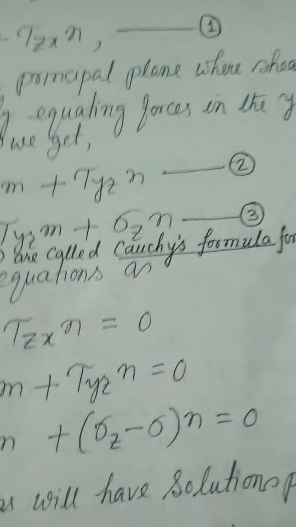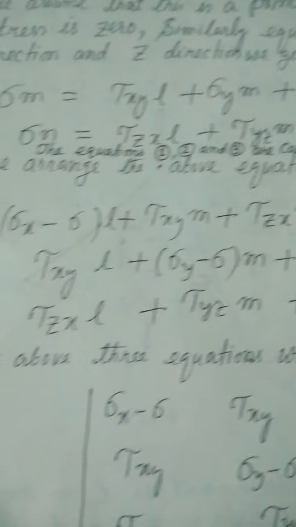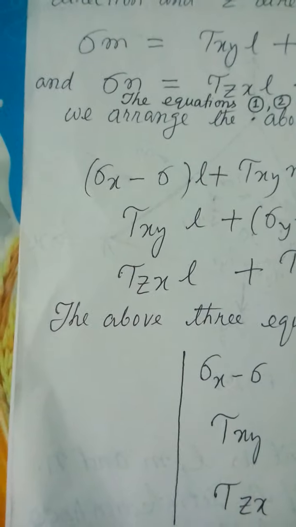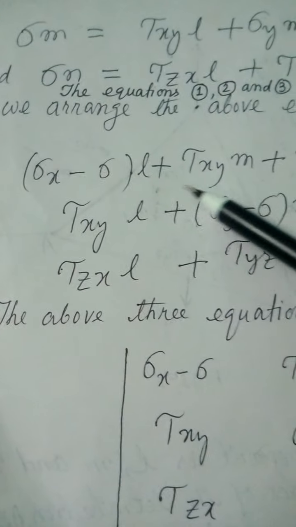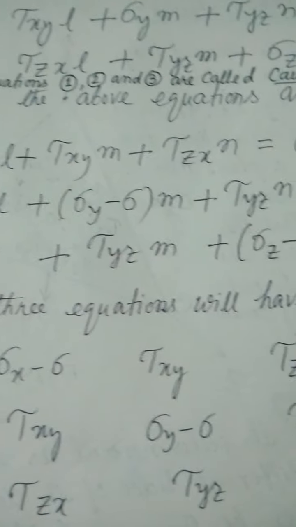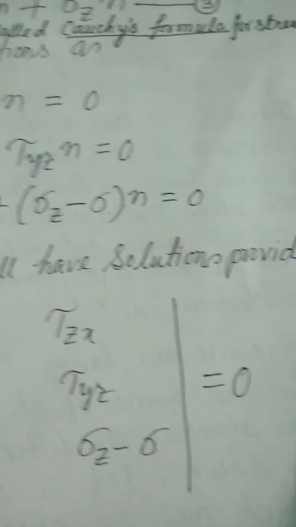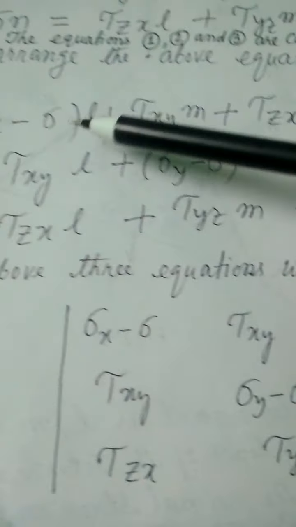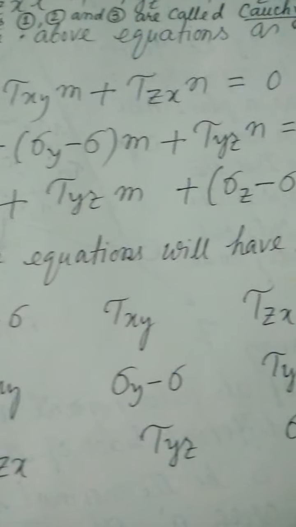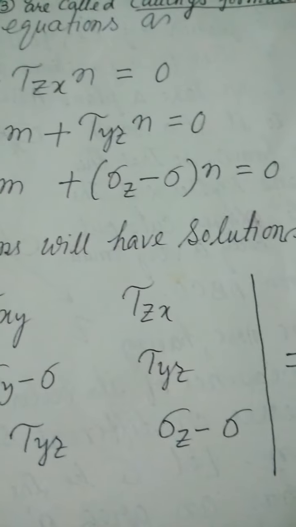Next, we have got these three equations, Cauchy's formula for stress. Then by arranging this formula we get this set of equations. Now the right hand side is 0.